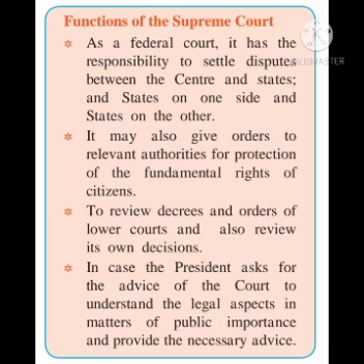The President seeks the advice of the Supreme Court on any issue of public importance as to have a large impact of the court and the constitution on the people. Therefore, the President seeks the advice of the Supreme Court on any issue of public importance.